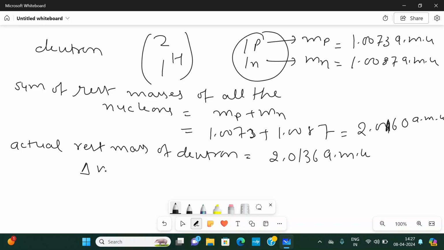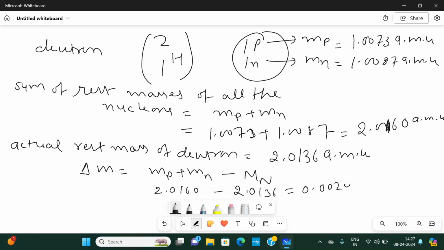Then mass defect will be equal to Mp plus Mn, the sum of rest masses of all the nucleons, minus actual rest mass of nucleus. 2.0160 minus 2.0136. When we subtract it, we will get 0.0024 atomic mass unit. So this is the mass defect in case of deuteron.